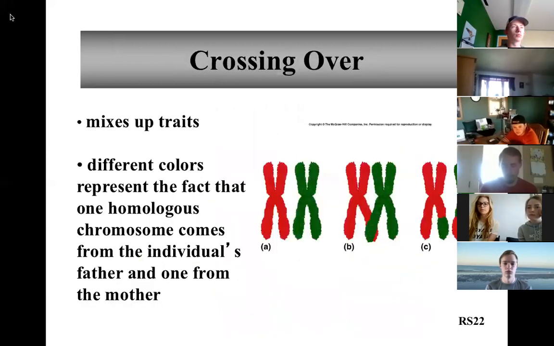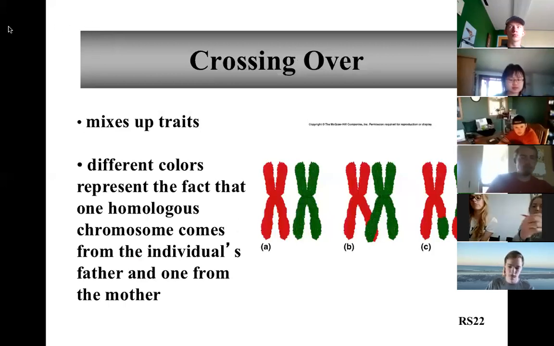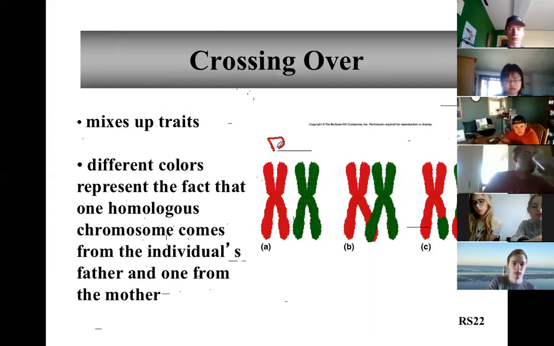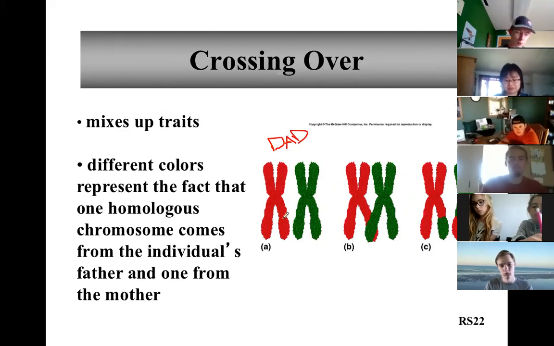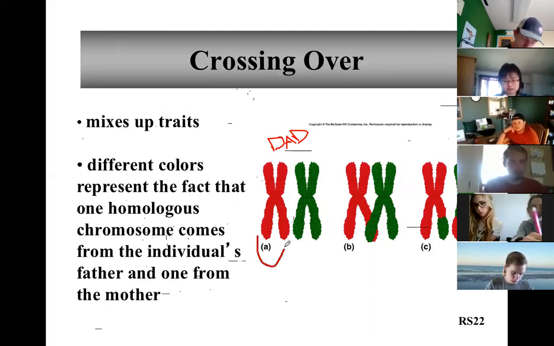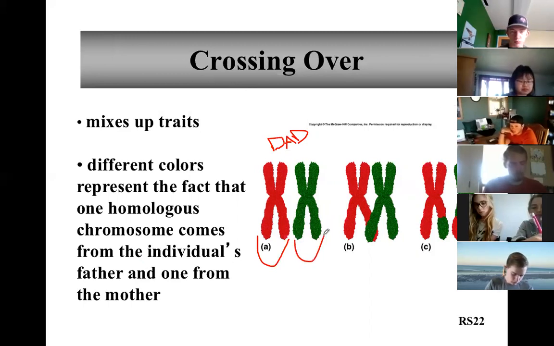Okay, crossing over. You might remember this from Gen Bio, you might not. Basically, crossing over is super cool. So since we're talking about sperm, let's just say this is what's going on with dad, okay? So dad has a copy, let's say it's chromosome 6. It doesn't matter, right? This copy of chromosome 6 came from grandma on dad's side. This copy of chromosome 6 came from grandpa on dad's side.